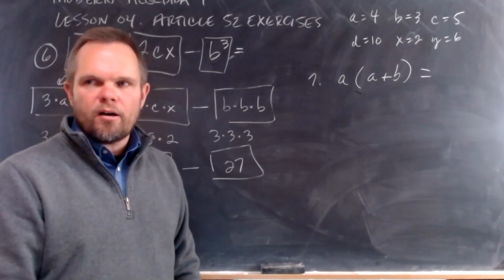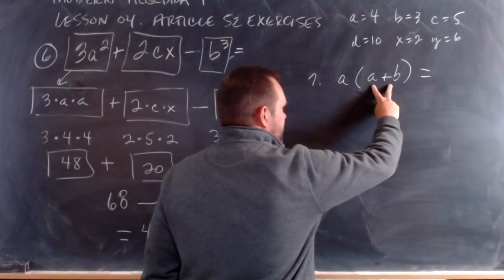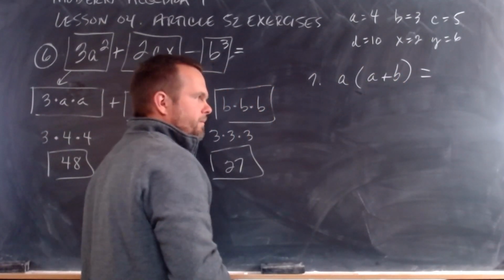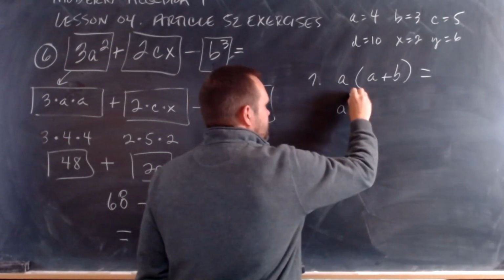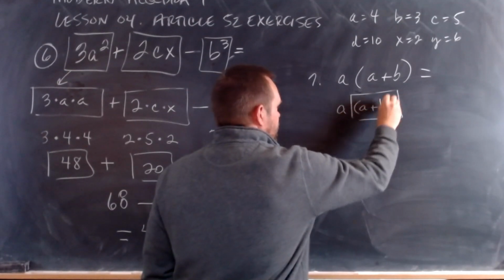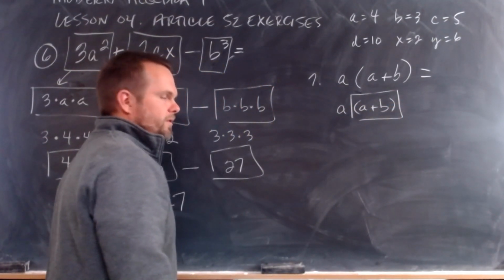This is not hard. We're to treat this expression, a plus b, like one term. So what we have is basically a times the two terms, a plus b. You understand that?